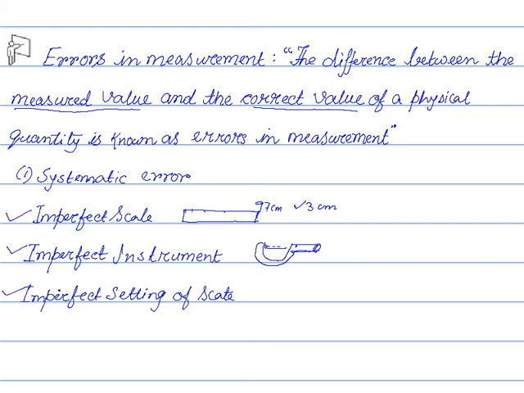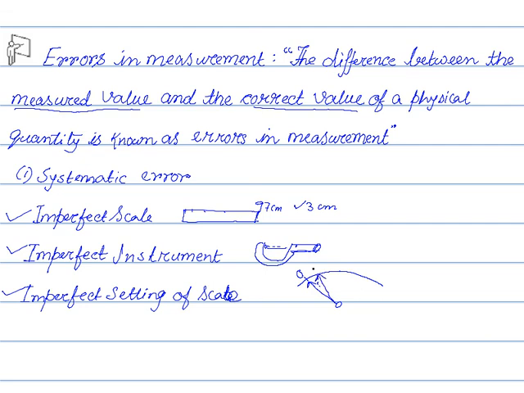Imperfect setting of a scale. Suppose there is a circular scale, like a voltmeter or ammeter, with a pointer here. Ideally, when no current is passing through this instrument, the 0 of this scale should coincide with the pointer head. But sometimes, because of the faulty setting of the scale, we find that it is not here but somewhere here.